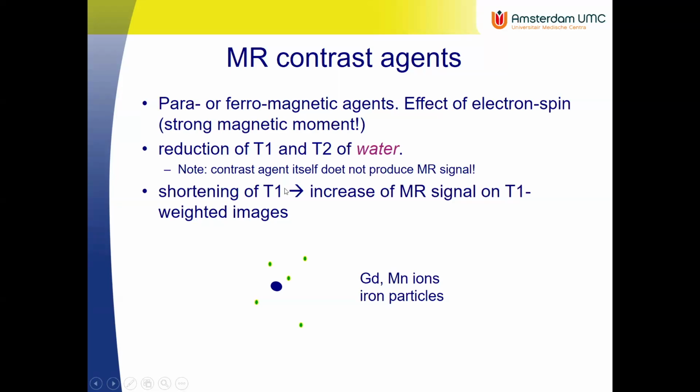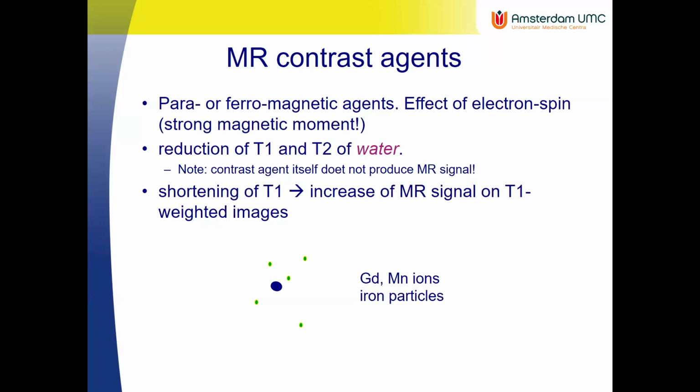That results in a shortening of T1, and that means there's an increase of MR signal on T1 weighted images, because by now you should know that a short T1 results in a bright signal on a T1 weighted image. So if we inject a contrast agent, it will produce a bright signal on a T1 weighted image.